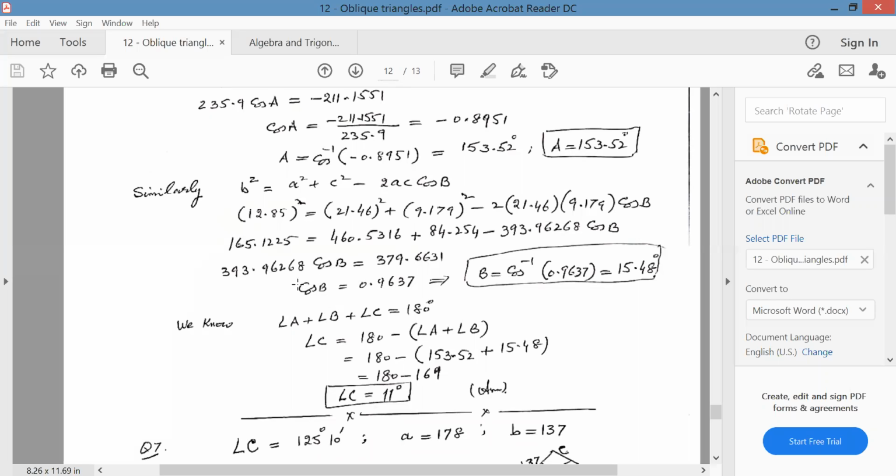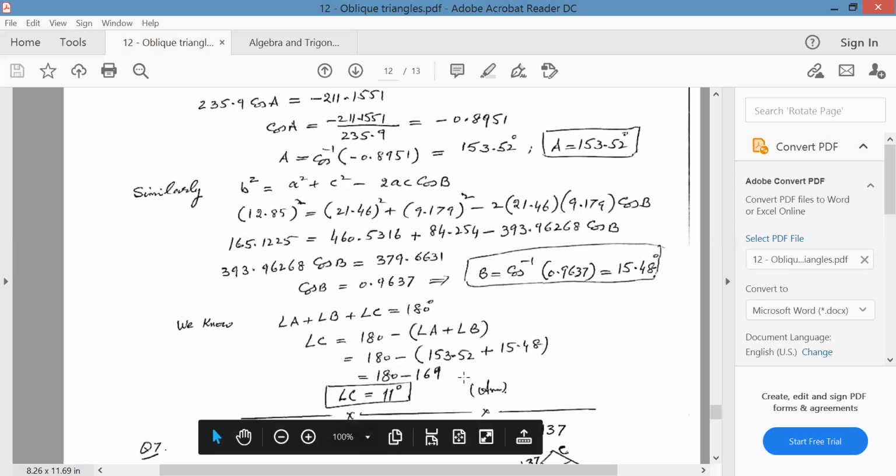To find the angle B, you have to take the cos inverse of this value. The cos inverse of this value comes to be 15.48 degrees. Once you know the values of two of the angles, the third angle is very easy to find using the law that angle C equals 180 minus the sum of the two known angles, angle A and angle B. Put their values, sum up.